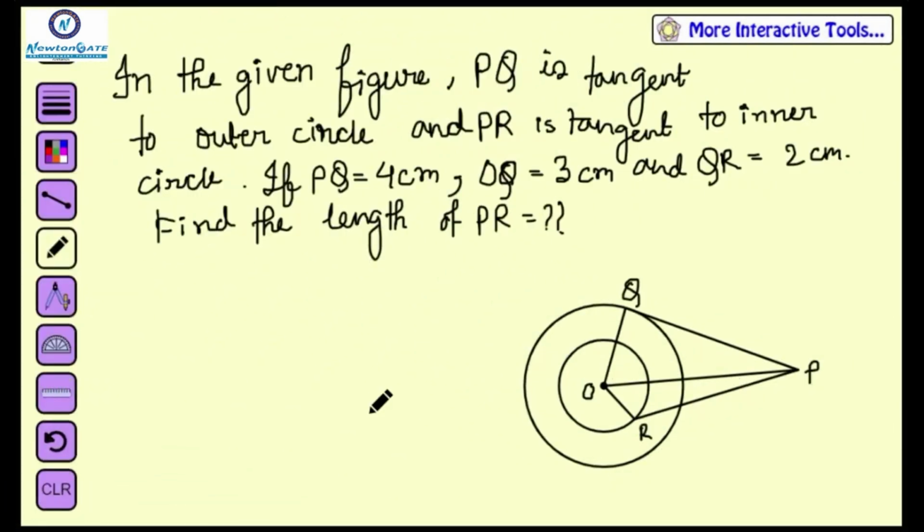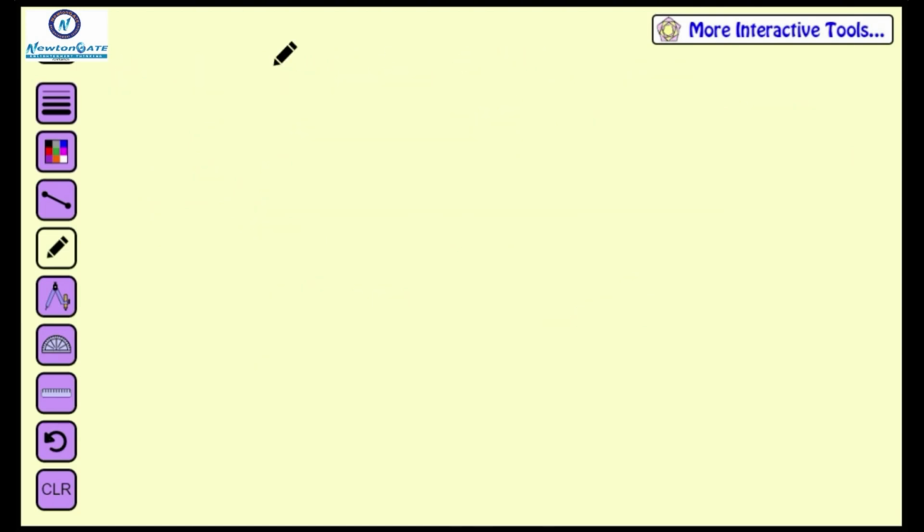Now we move to the next question. In this question, we will find the length of PR. Now here PQ is the tangent to the outer circle, PR is the tangent to the inner circle, and it is given the length of PQ is 4 cm, OQ is 3 cm, QR is 2 cm. From the given figure, we see that the triangle OPQ is a right angle triangle.